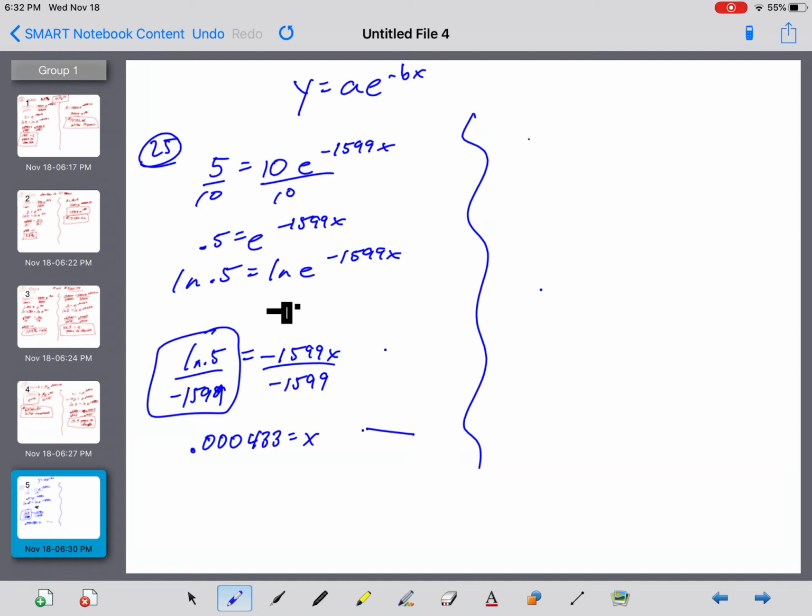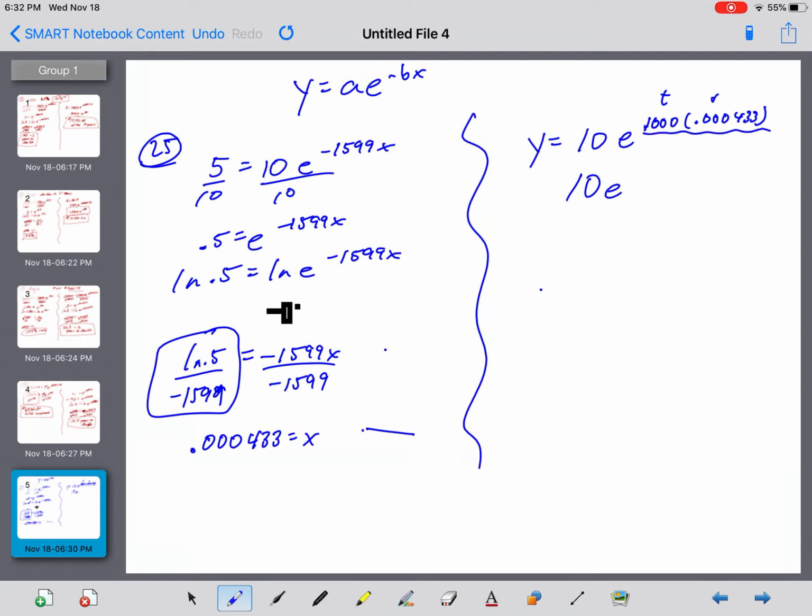And now you got to figure out how much is there after 1,000 years. So the amount after 1,000 years is equal to the starting amount times e to the 1,000 times 0.000433. So this is your time and this is your rate. Now you could type this all into a calculator pretty quick.